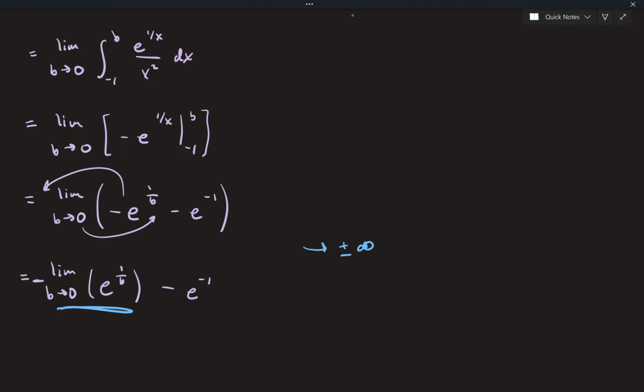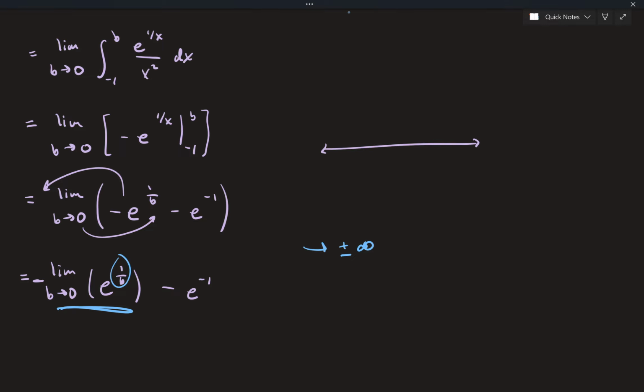If it goes to plus infinity, then I have the e to the infinity and the whole integral diverges. But if I have negative infinity up in the exponent, e to the negative infinity goes to 0 and it converges. So I have to figure out which one it is.